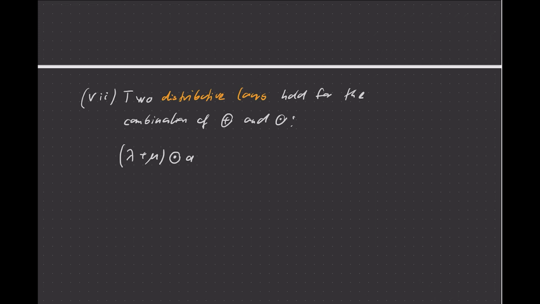And distributive law, basically that means we can expand that by applying the scalar multiplication for each of those scalars to A first and then adding the result.